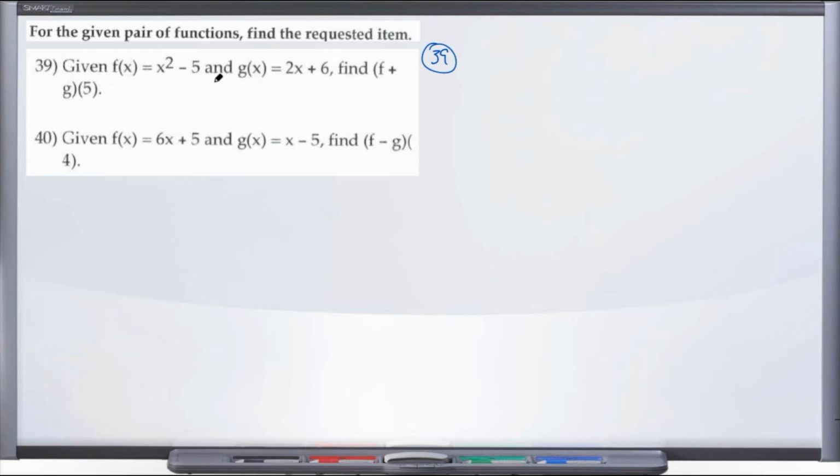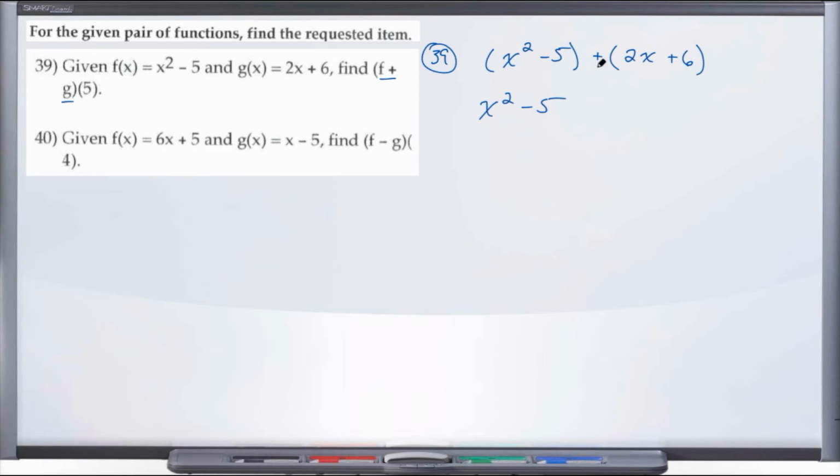So first and foremost, let's just go ahead and find what f plus g is equal to. So we are going to have our f function, which is x squared minus 5, and then plus our g function, which is 2x plus 6. And again, both of these are positive expressions, so we can go ahead and just drop the parentheses without any sign changes.